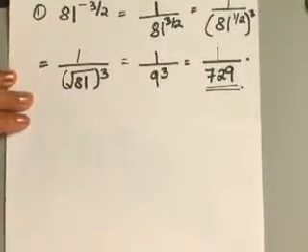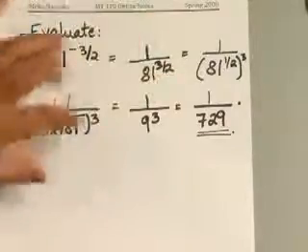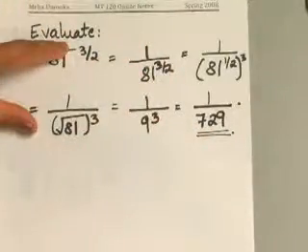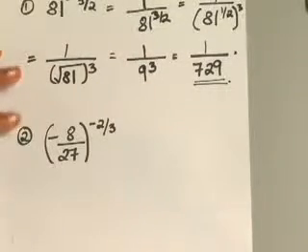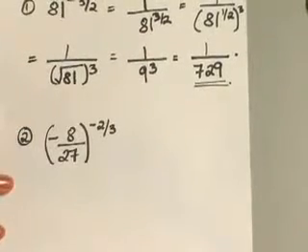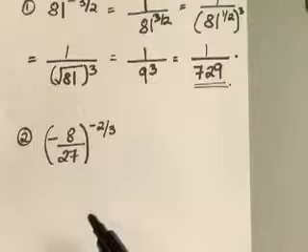Okay, so the only difference here is that you start working in the denominator. Because of your negative exponent, you have to go down to make it positive.